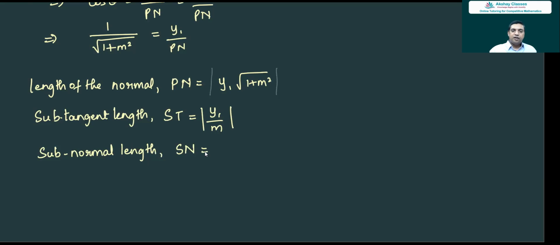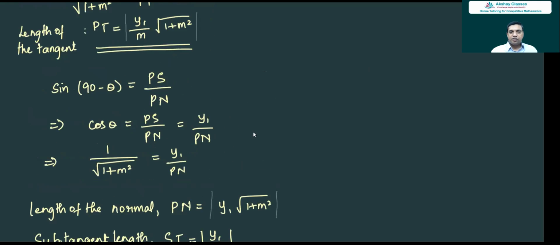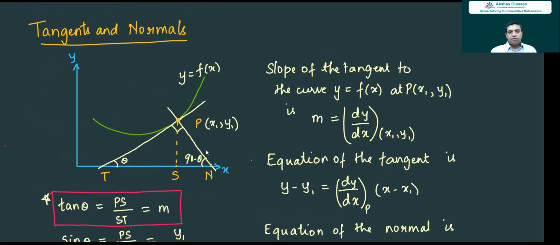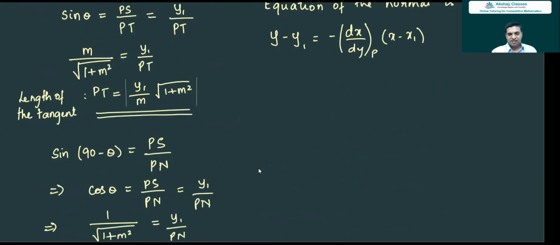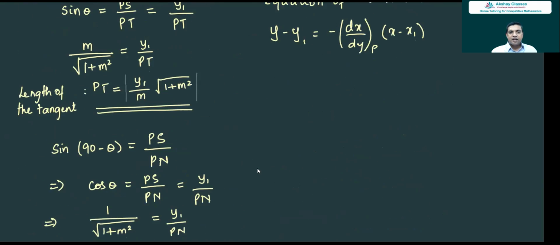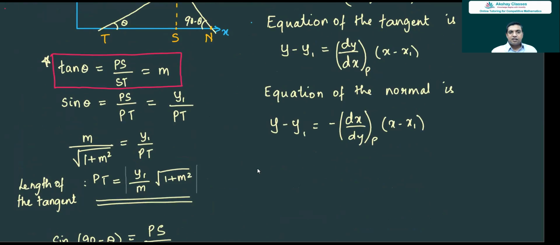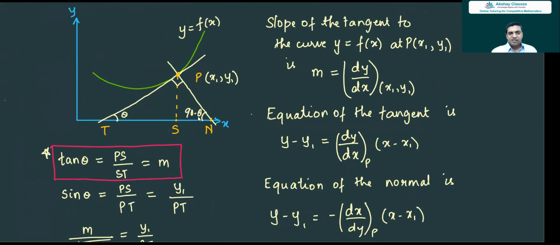And for the subnormal SN, we take cot. Tan of 90 minus theta is PS upon SN. So cot theta is PS upon SN.